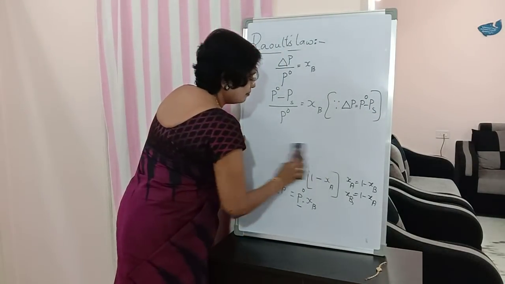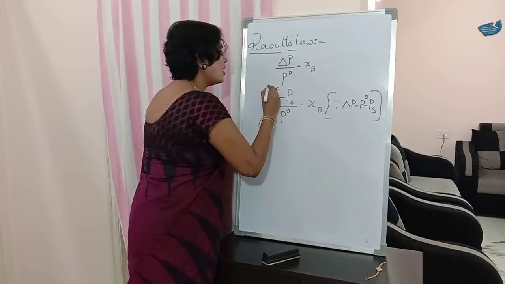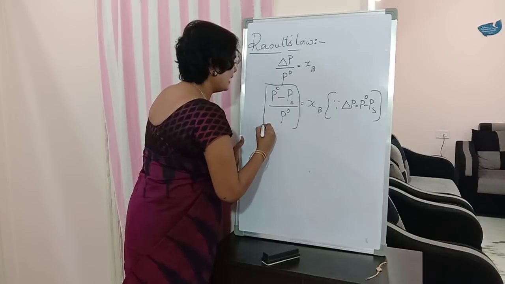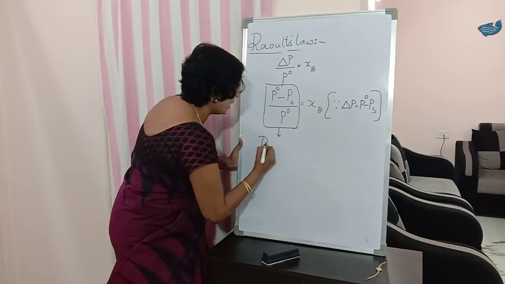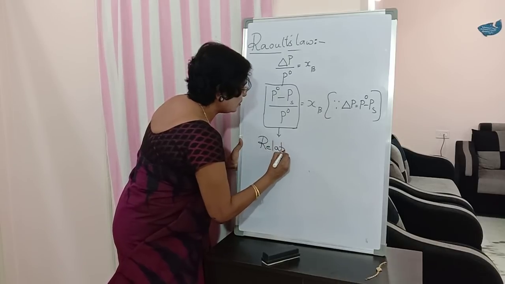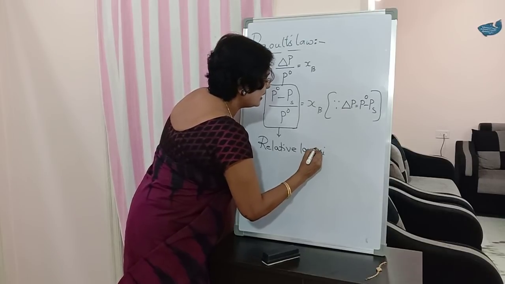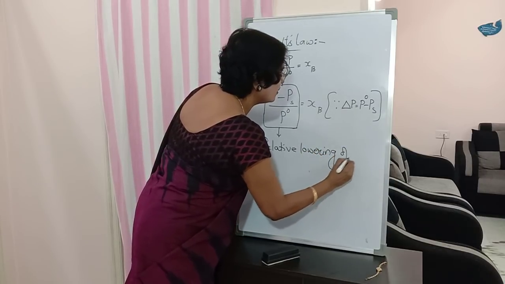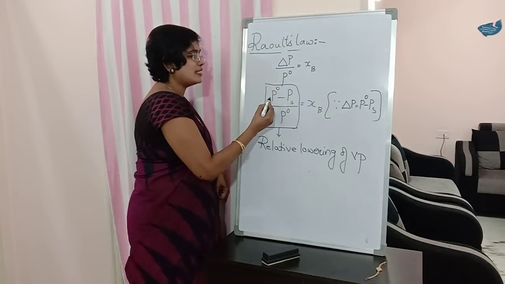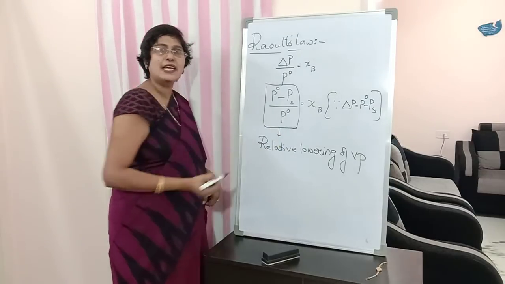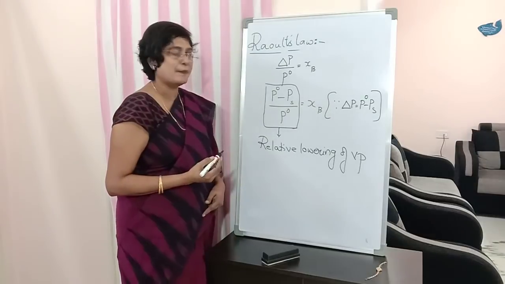So below write down this P naught minus PS by P naught. This quantity is called, students, relative lowering of vapor pressure.